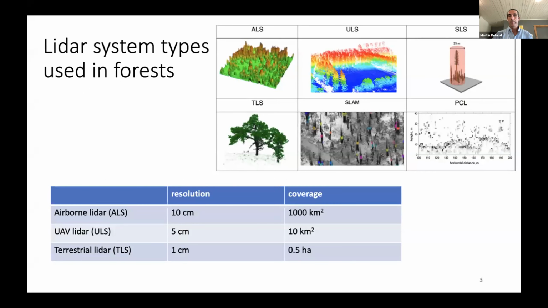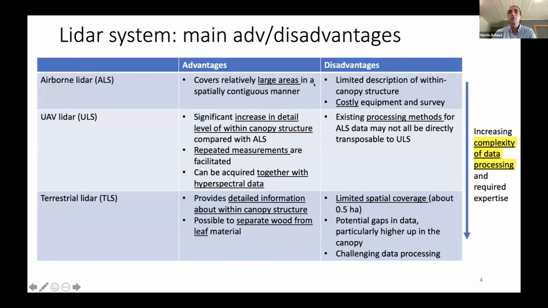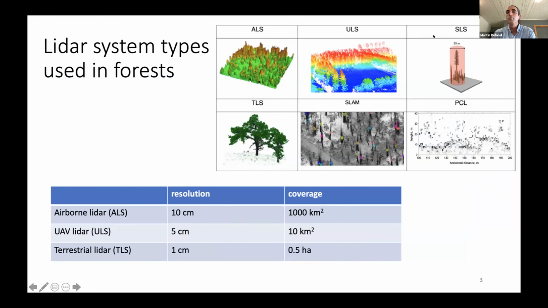Different system types. I'm showing here airborne LiDAR, which I think most people know, UAV based LiDAR. On the right top, I have the spaceborne LiDAR, for example, GEDI, then the TLS, which is terrestrial.